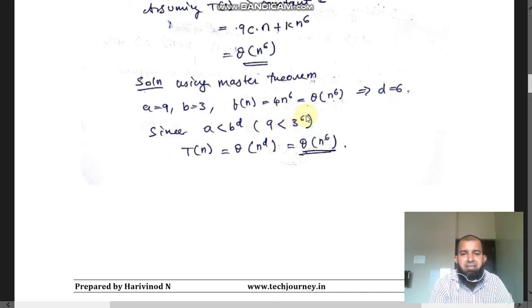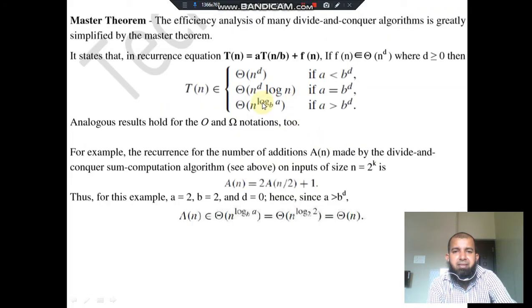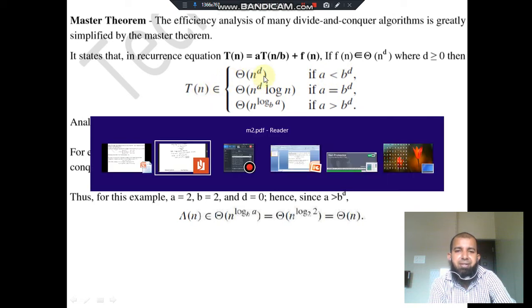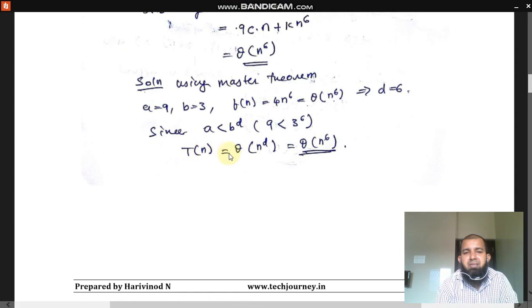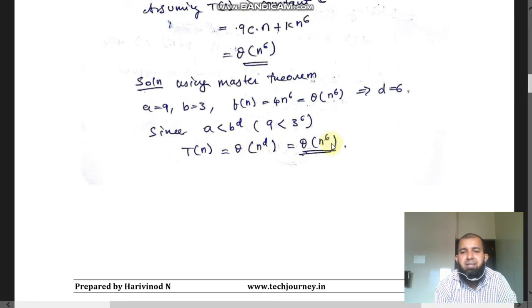So 9 is less than this one. Which equation is it? a is less than b to the power of d, the first equation. So T(n) belongs to theta of n to the power of d. What is the d value? 6. So theta of n^6.